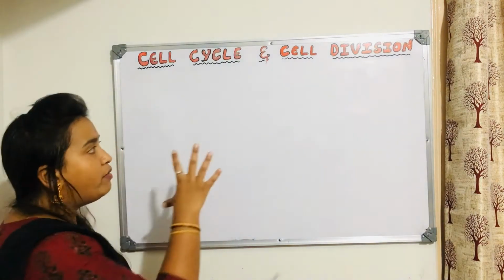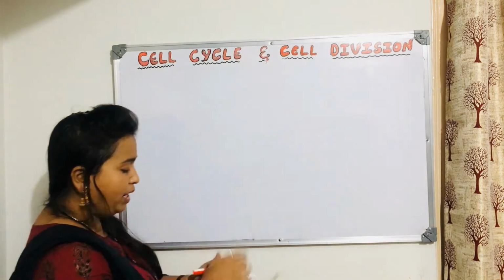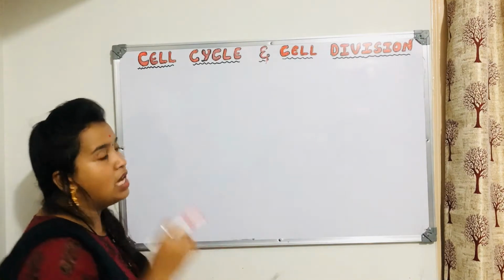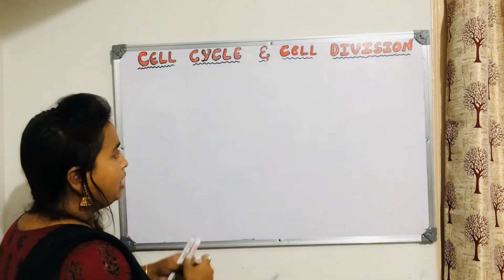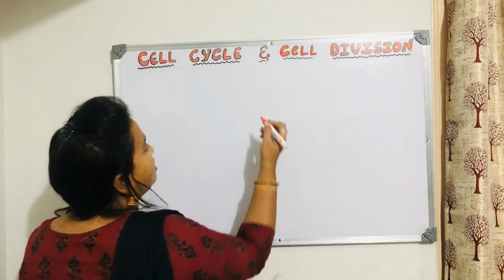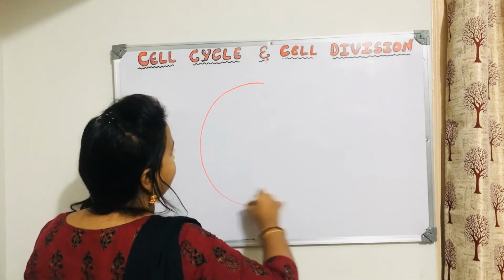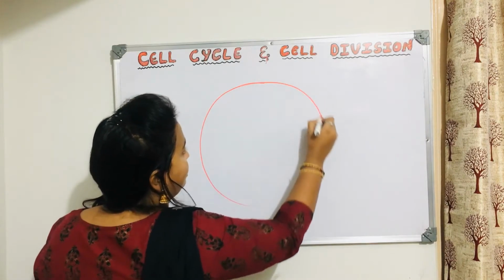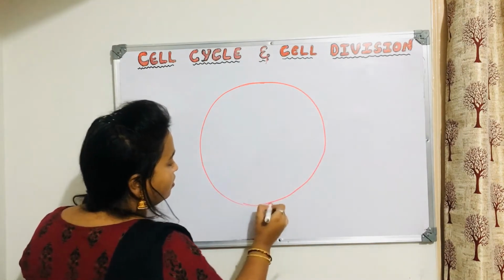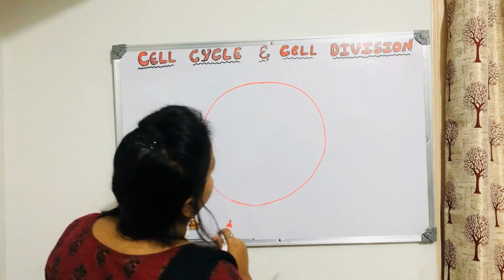Okay. Now we will understand the cell cycle in brief only, because it's not as easy as we people think. Cycle means we need to draw it in a circle. Some of the things I'll try to explain to you. Is this a circle?